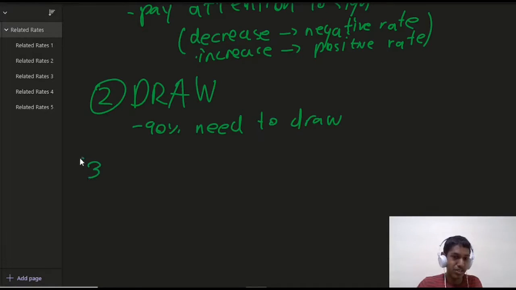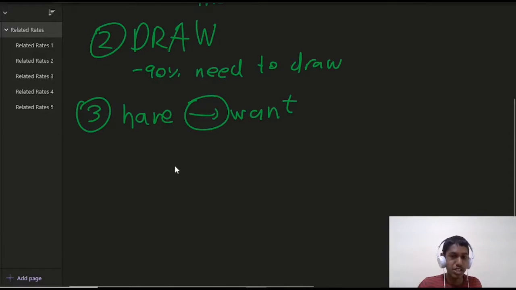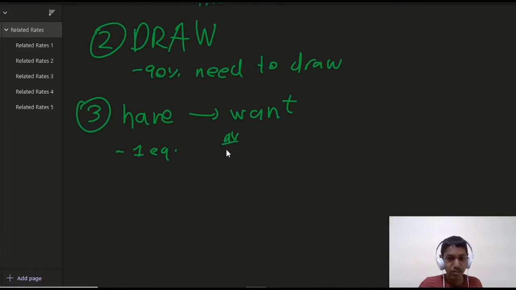Okay, now the third step is going to be relate what you have with what you want. This relation might be just one equation, like maybe if you have a volume and you want a rate, or you want a radius, it's a very simple, just one equation and then differentiate.